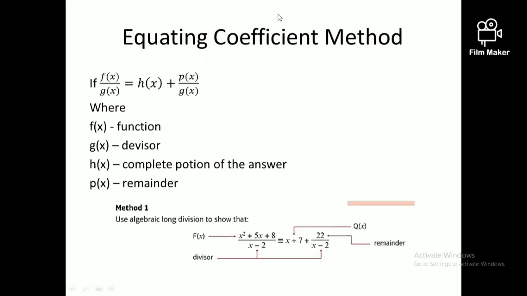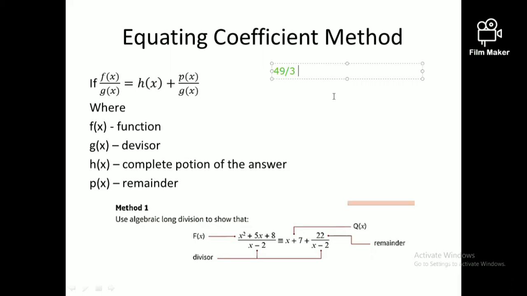I think we learned this in our earlier grades. Just for example, if you take 49 and want to divide it by 3, what is the answer? 49 divided by 3 is how much, children?